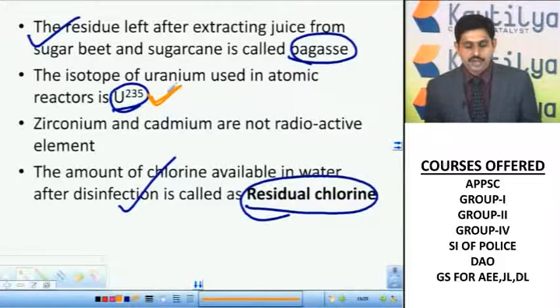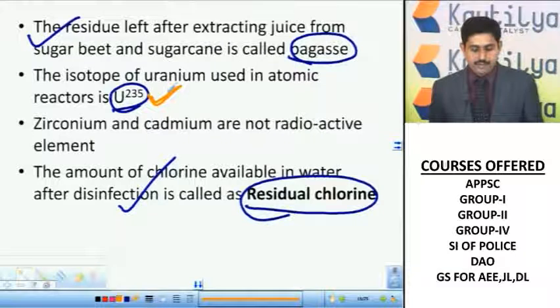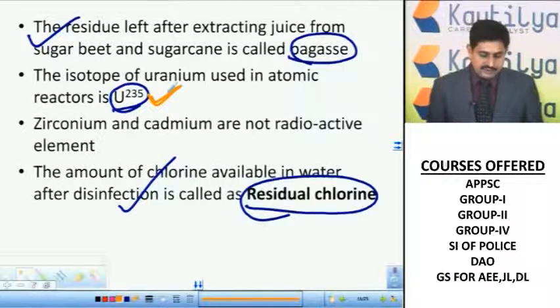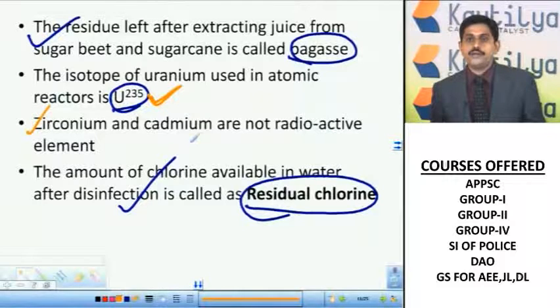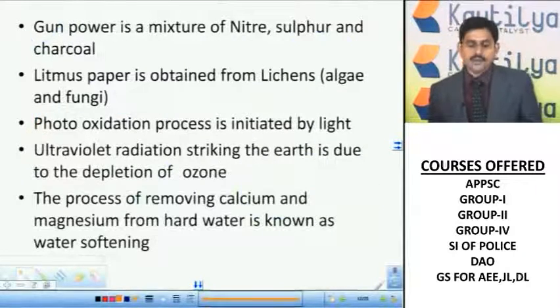We know that uranium is used in atomic reactors, but you may get the question: the isotope of uranium used in atomic reactors is U-235. Already we have discussed this point, that zirconium and cadmium are not radioactive elements. If uranium is disintegrated, finally it is converted to lead. Zirconium and cadmium are non-radioactive elements.